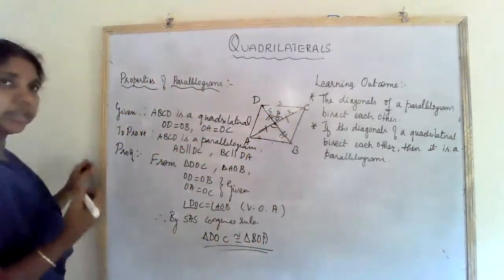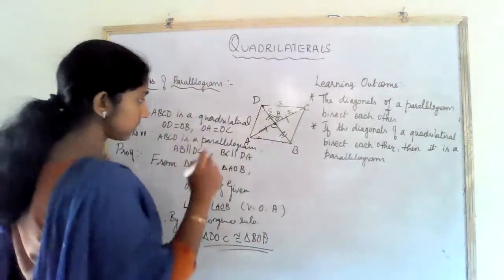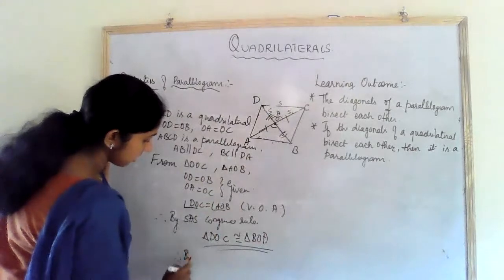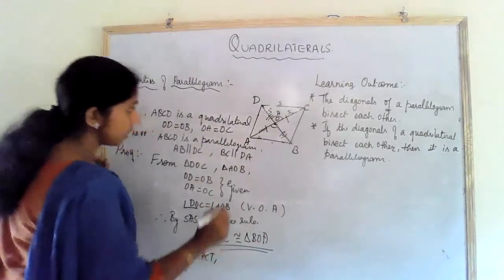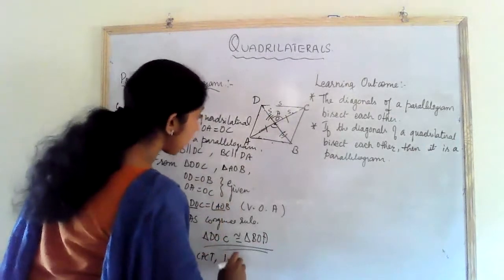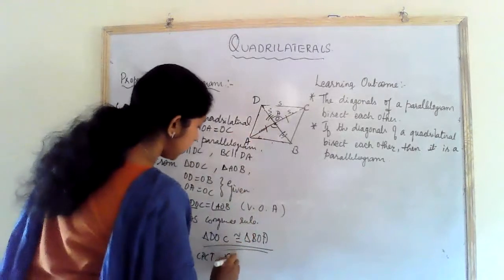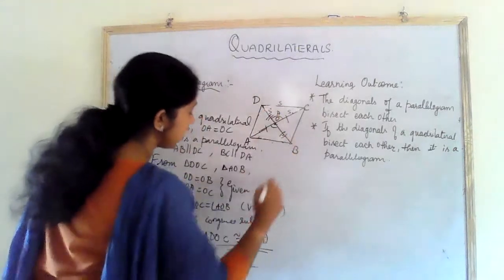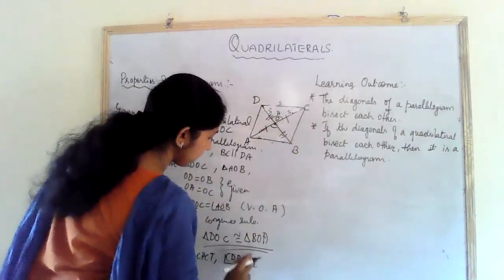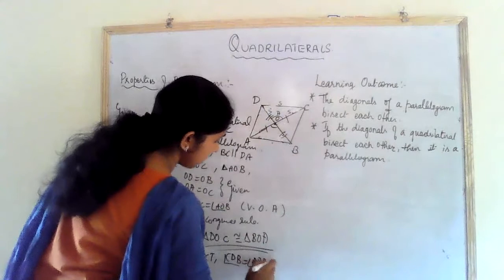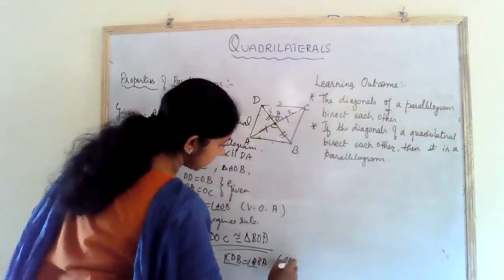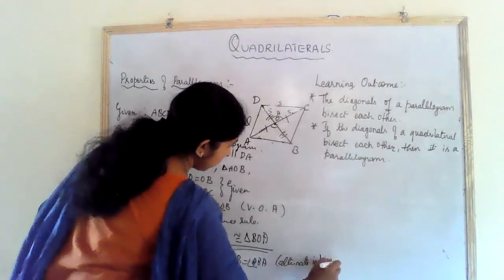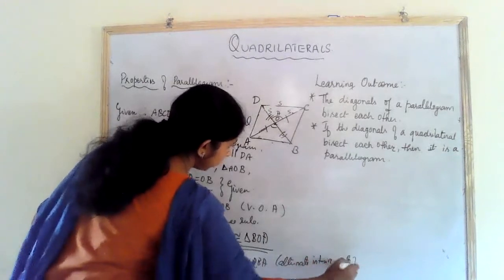If you prove one pair of alternate interior angles equal, therefore by CPCT we can prove that angle CDB is equal to angle DBA, by alternate interior angles.